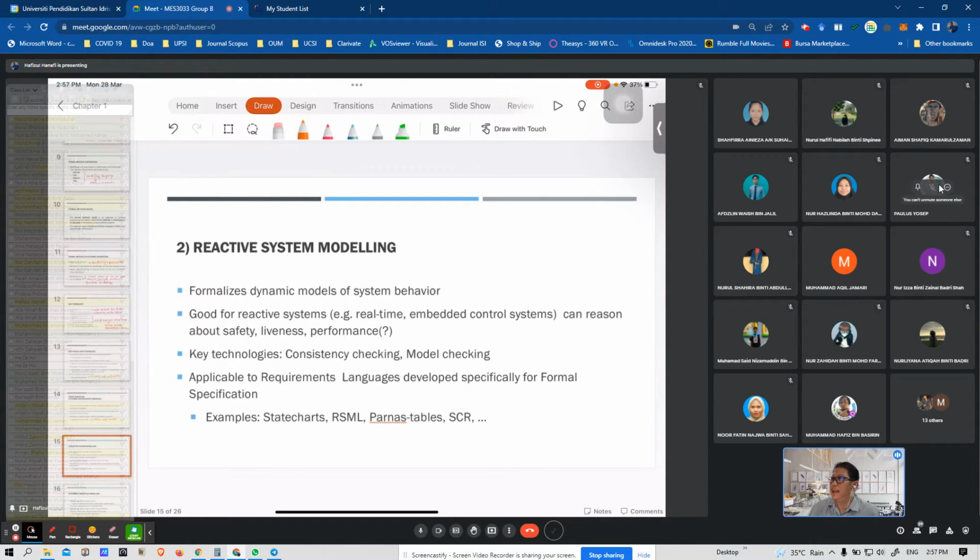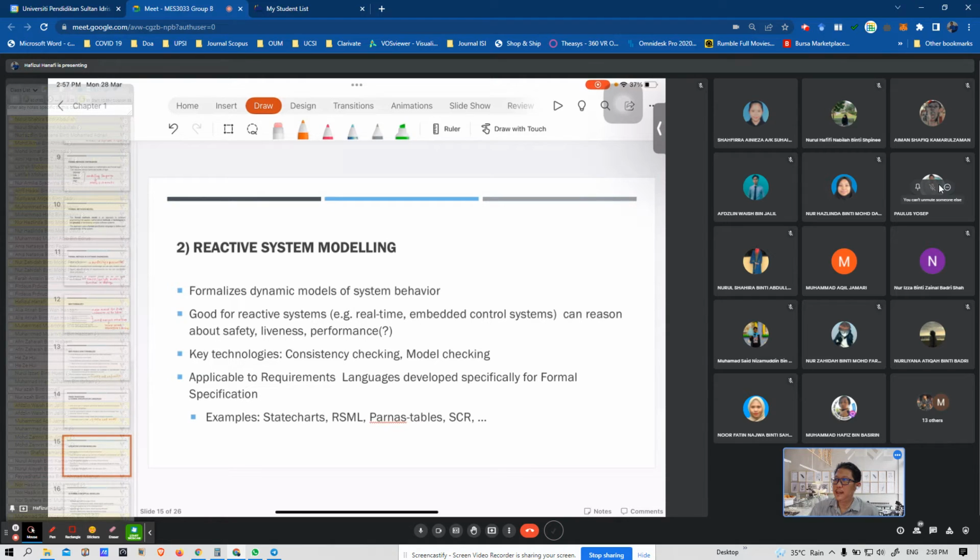Okay, and then secondly, reactive system modeling to formalize the dynamic model. For example, we have a real-time embedded control system that I have explained to you. For example, the automotive industry, brands like Tesla and BMW and so on. We need a very rigorous process to ensure safety and, at the same time, to have the performance of the car.